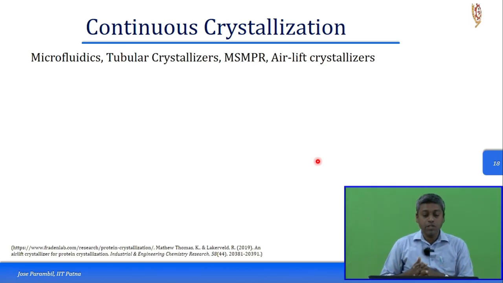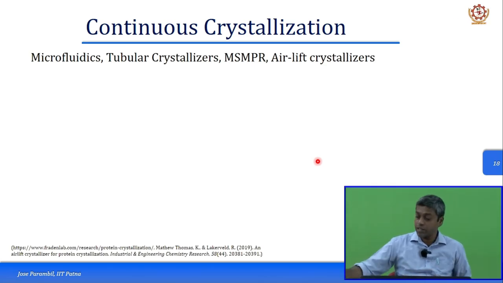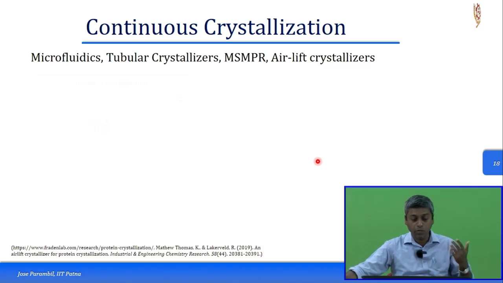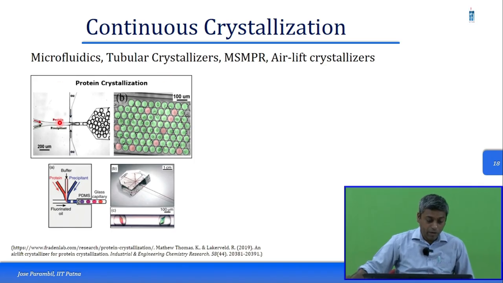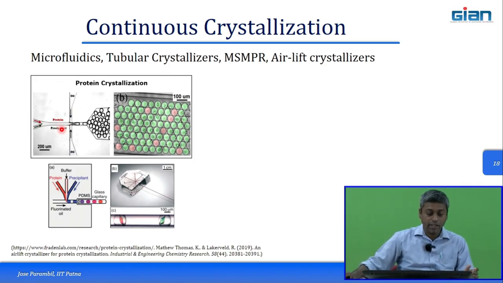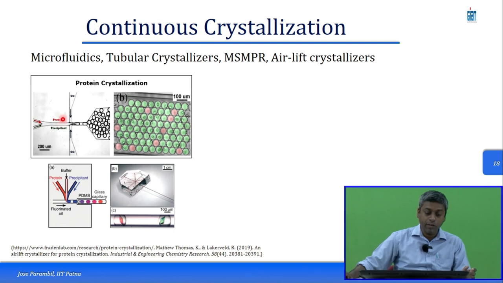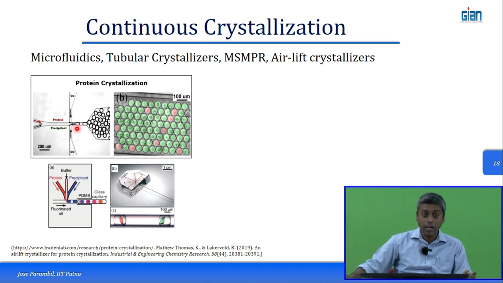So we'll see a few examples of continuous crystallization units. As I told you, it can go from a few microliters. This is a microliter-scale microfluidic device. For example, here you get the protein and the precipitant, and you have a carrier system coming, which is the oil.